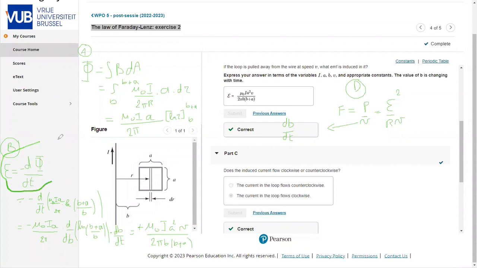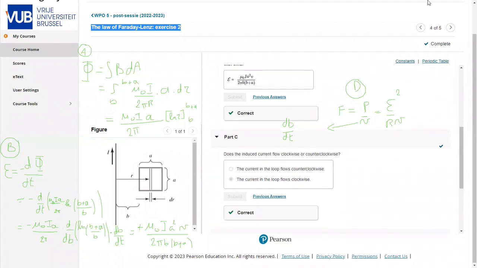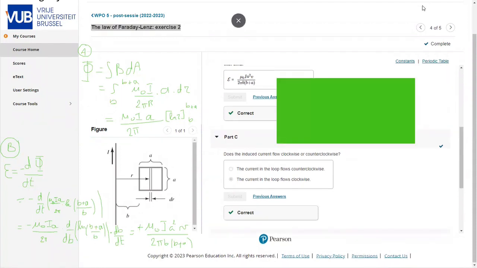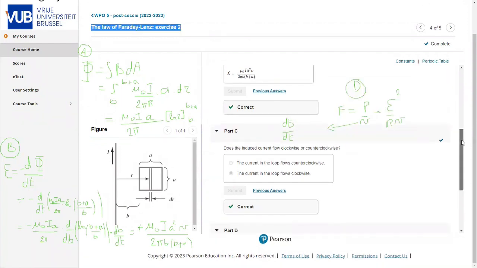So the EMK is equal to minus the derivative of the magnetic flux, because my loop is going away from my wire, and like we can find this answer for B. Then you have C.